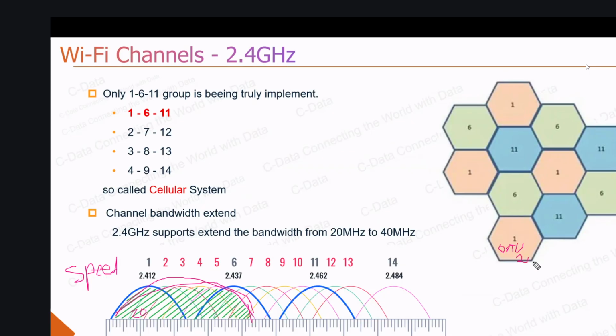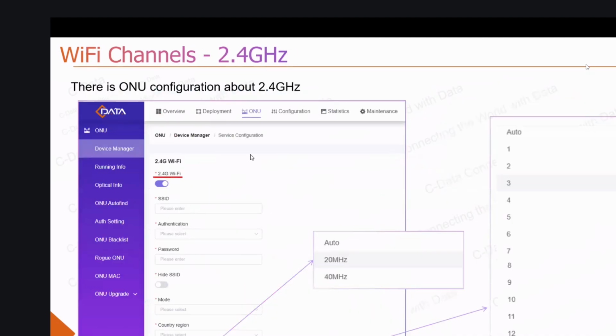If we extend the 20 megahertz bandwidth, maybe we affect this area. So when we extend this frequency, maybe we affect another ONU. Just to remind you, maybe affected here.